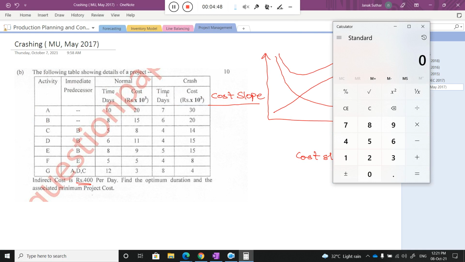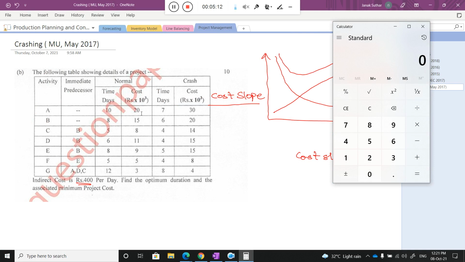Here, for activity A, the crash cost is 30,000 and the normal cost is 20,000. So 30,000 minus 20,000 is 10,000, divided by 3, since 10 minus 7 is 3. So what will be the crash cost slope, class?